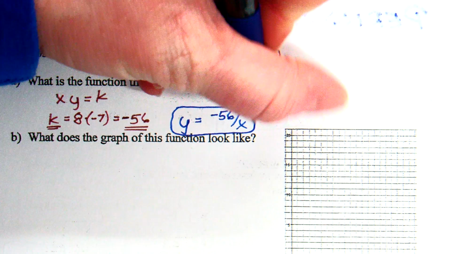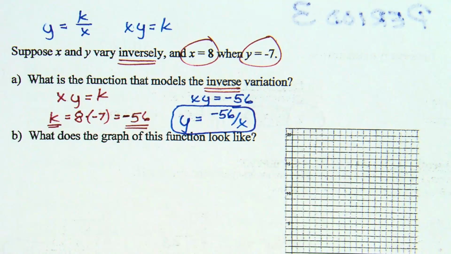I would also be okay with the other one you could possibly say: xy equals negative 56. That also is a function that models the equation. y equals is more the normal response, okay? y equals negative 56 over x. Are we okay with A?